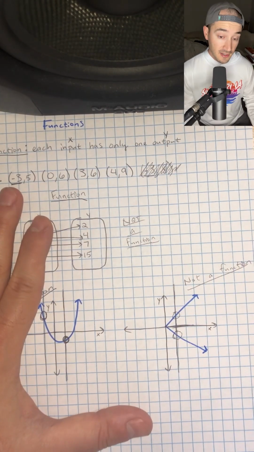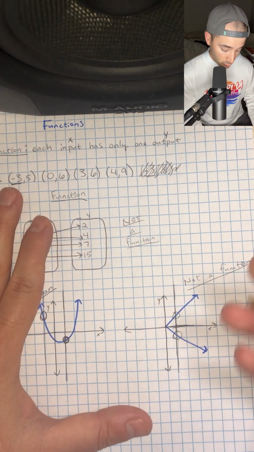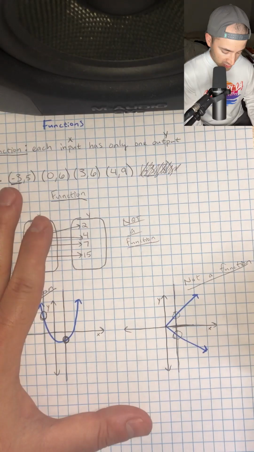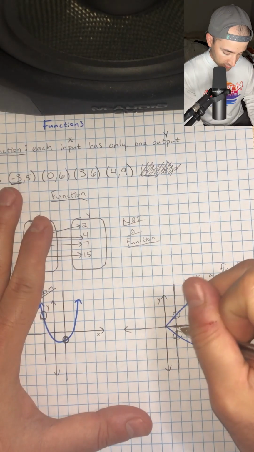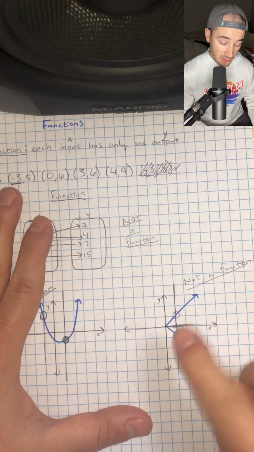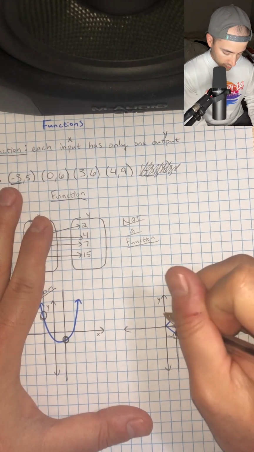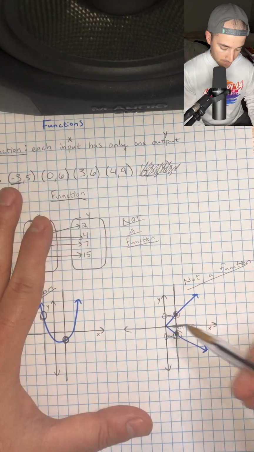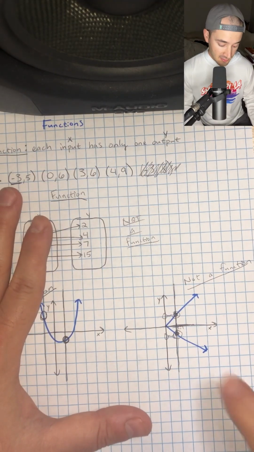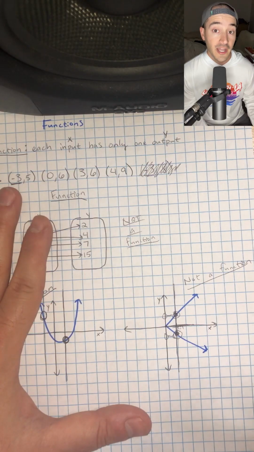The reason we can do the vertical line test is that at x equals 1, or at many points in this case, but let's just use x equals 1, we have this y value associated with it, and we have this y value associated with it, okay? So it's not a function.